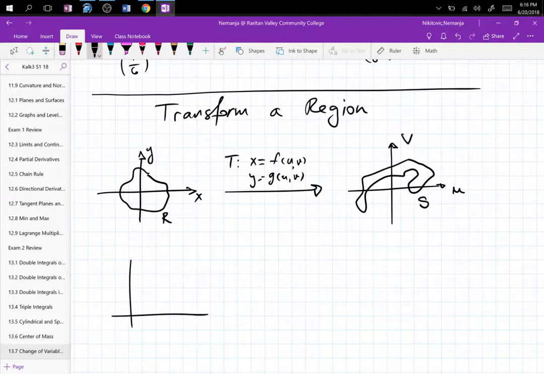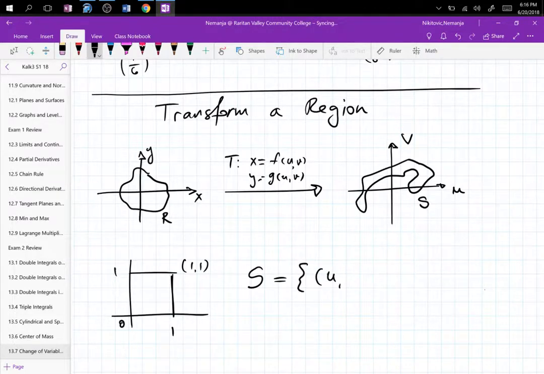There we go. And this unit square in S can be understood as all the points UV such that U is between 0 and 1 and V is in between 0 and 1. So that's what I have.